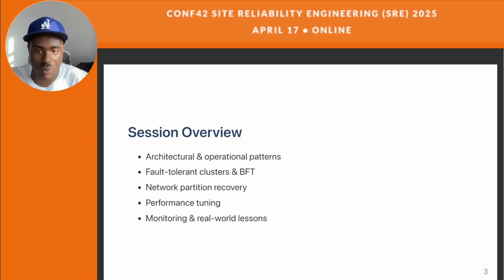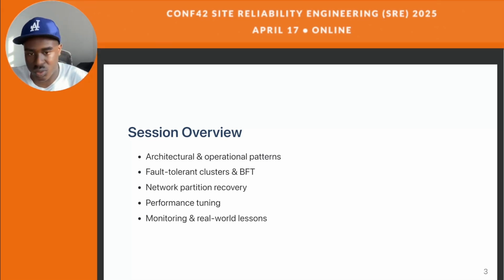We're going to have a Fabric overview so that we're aligned on the basic components of the Fabric network. Next, I will dive into fault tolerance in node clusters, focusing on peers and ordering. Then we'll look at Byzantine fault tolerance and how Fabric is evolving in that area.